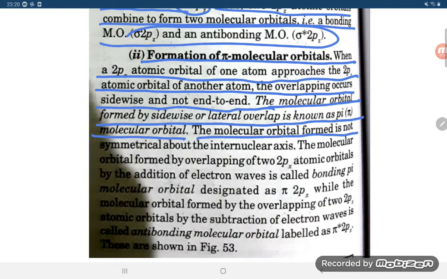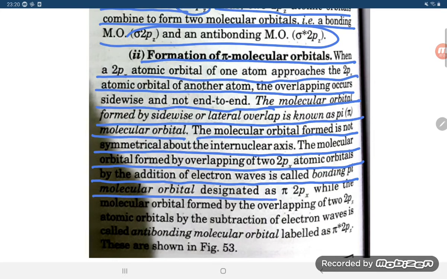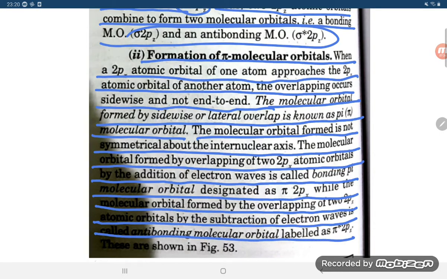It is not symmetrical about the internuclear axis. The molecular orbital formed by overlapping of two px orbitals by the addition of the electron waves is called the bonding pi molecular orbital, designated as pi 2px, while the one formed by subtraction of the electron waves is called the anti-bonding molecular orbital, labeled as pi star 2px.